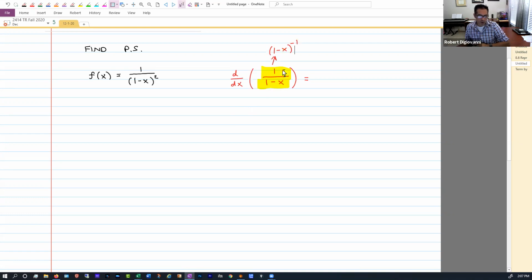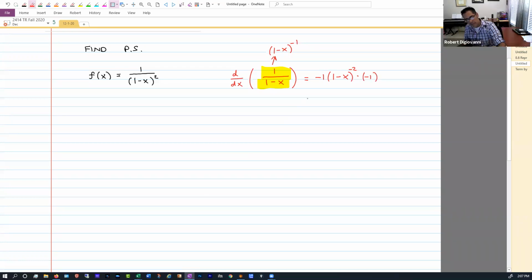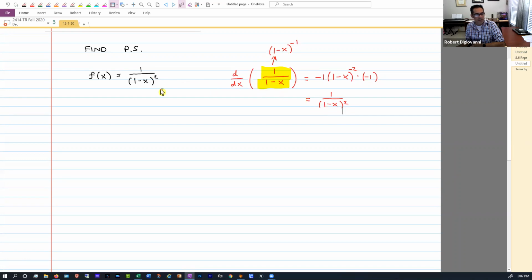Just bring the whole thing to the top. Now take the derivative. So negative 1 comes out. And then it's 1 minus x to the negative 2, subtracting 1 from the power, and times the derivative of what's inside, which is negative 1. These negatives become positive, and then this whole thing drops back down. And look what you have. Wow. This is that. That is that.